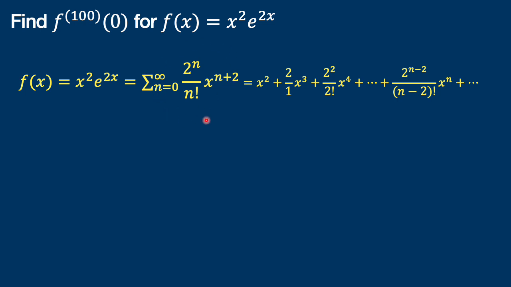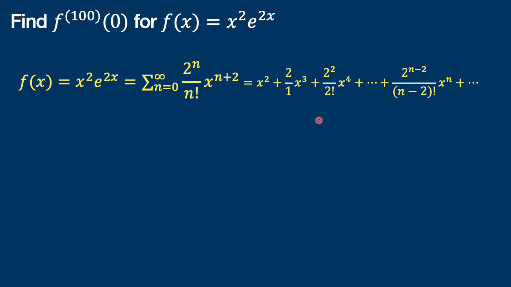When you expand this Maclaurin series, n equals 0, n equals 1, n equals 2, and you keep expanding, we have this Maclaurin series. Now, it's impossible to find the 100th derivative of f at 0 directly. So we're going to use the definition of the Maclaurin series.